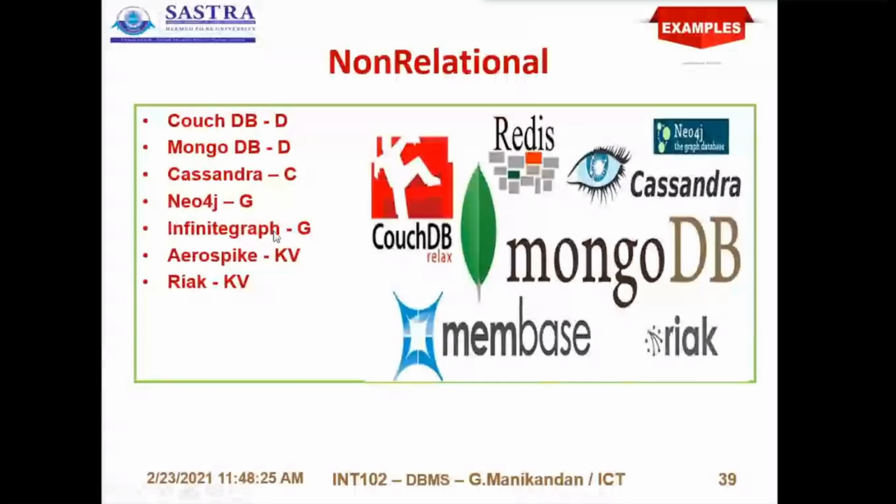So the various options with respect to non-relational databases are: you can organize the data in the form of a document, a column, a graph, or a key value pair.